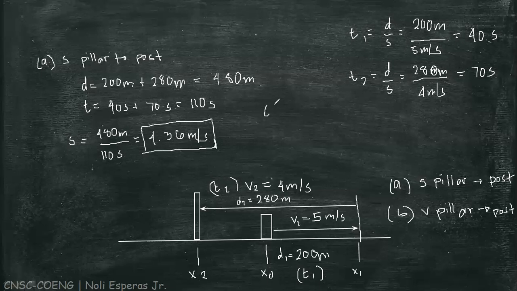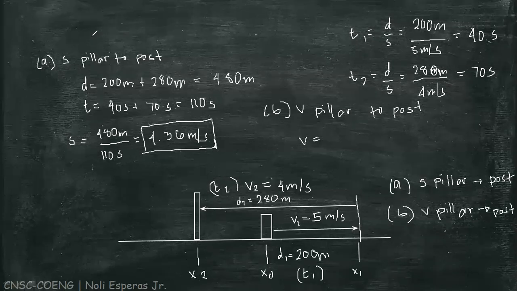Now, for letter B, we're solving for the average velocity from pillar to post. The formula for average velocity is displacement over the elapsed time to cover that displacement.